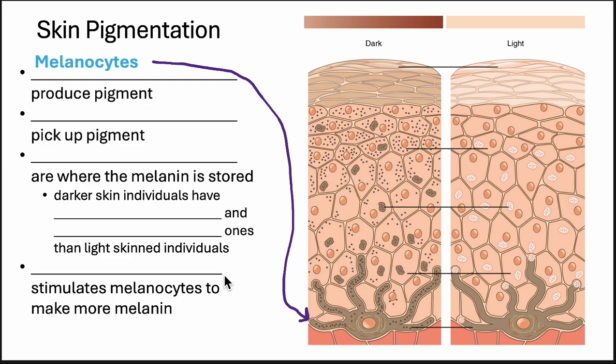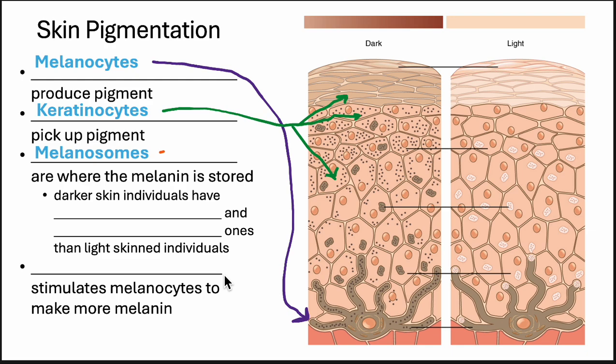That is what you're seeing down here at the bottom. The keratinocytes above them, so that's all of these other cells shown in this picture, are actually going to pick up the melanin that is created by the melanocytes. The melanosomes are going to be organelles where the melanin gets stored.